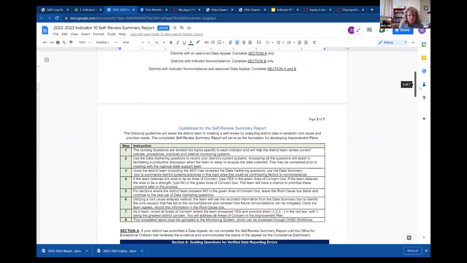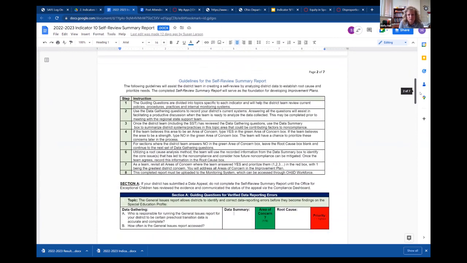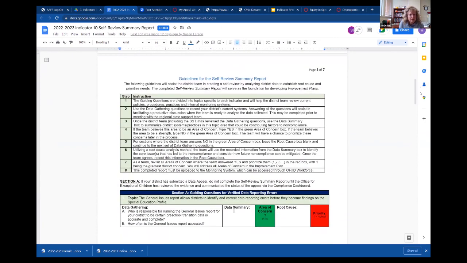I will take a moment to scroll through here. The steps are clearly outlined in terms of how you would move through this document and the guiding questions. For those of you who have more than one finding, these topics will of course be different than your other indicators, but you'll see a very similar setup in terms of the guidance.